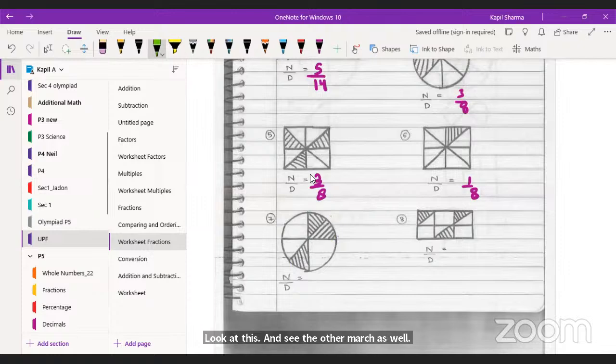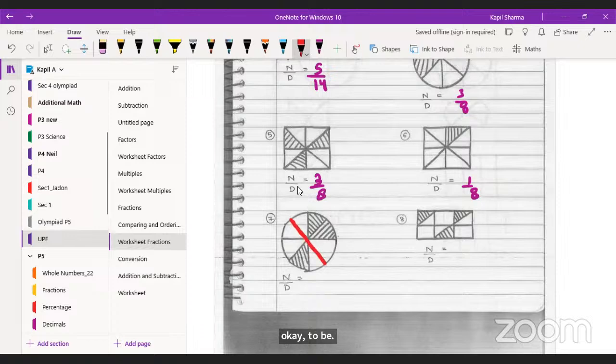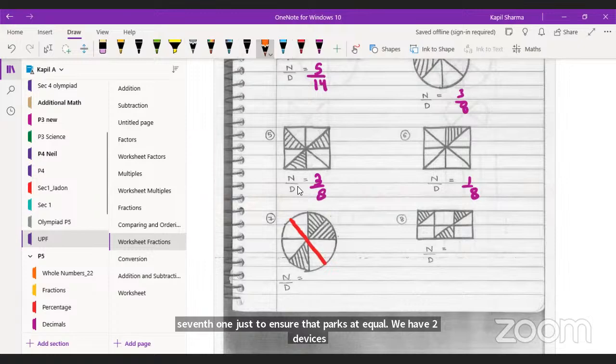So first, we need to divide this further. In seventh one, just to ensure that parts are equal, we have to divide the circle further. Now you can see that these are equal.